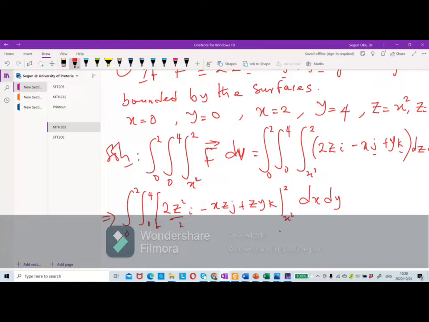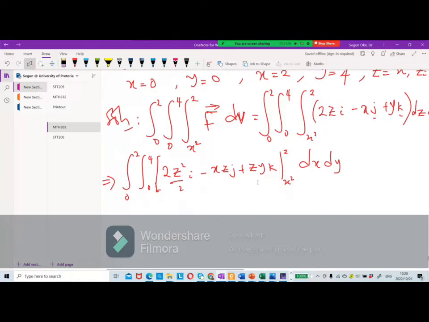Are you getting it? Substitute your limits, upper limit minus lower limit. What is my upper limit now? 2. So it's going to be 2 squared, which is 4i.